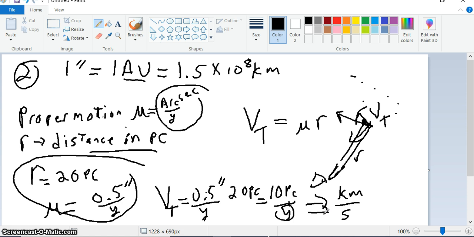Remember, 1 arc second would be 1 parsec, and that is also 1 astronomical unit. So if there's 10 of them, we multiply, and that gives us how much the star has moved.